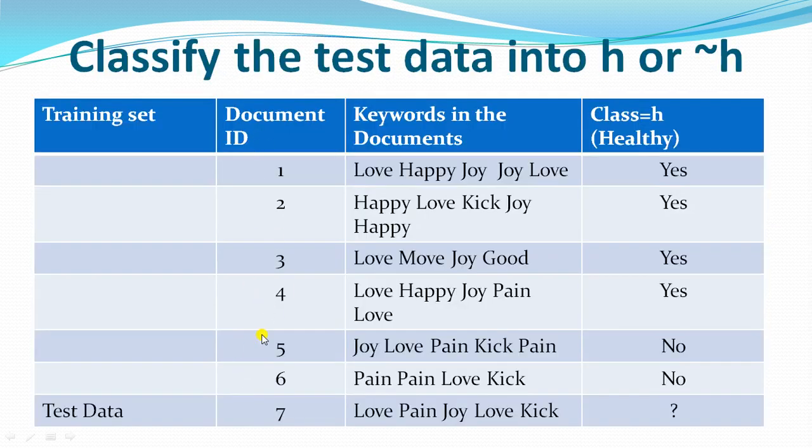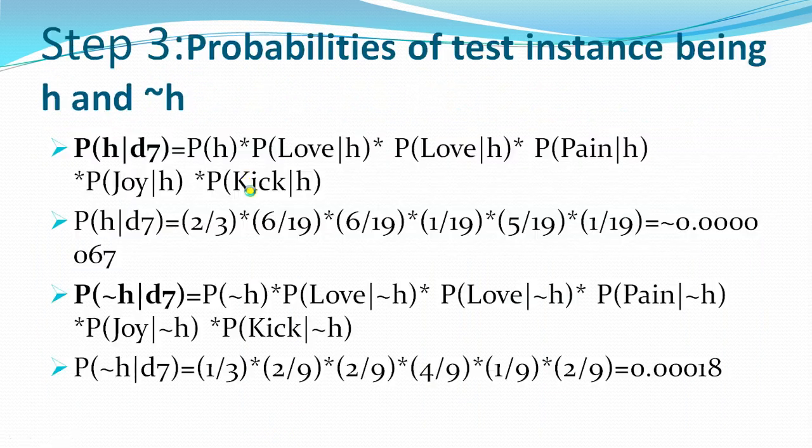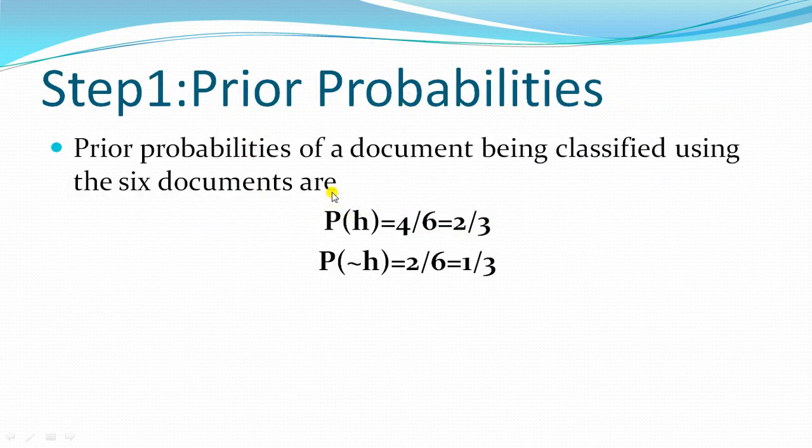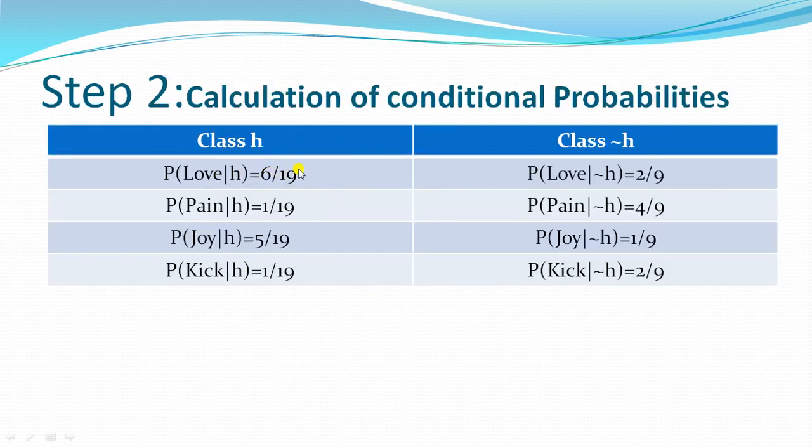Yeah, here D7, this is test data. So the probability of D7 being in class H is equal to the prior probability of class H, into all possible conditional probabilities. It is like multiplication of this one and all possible conditional probabilities.